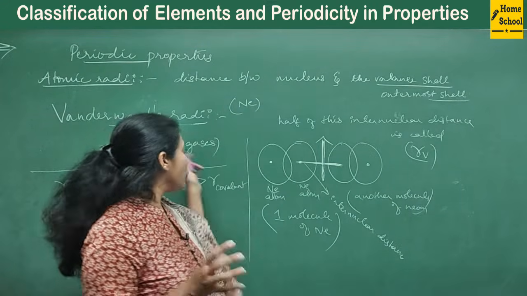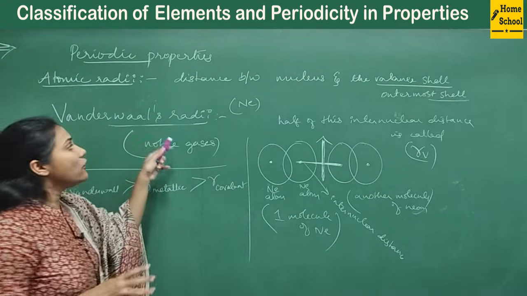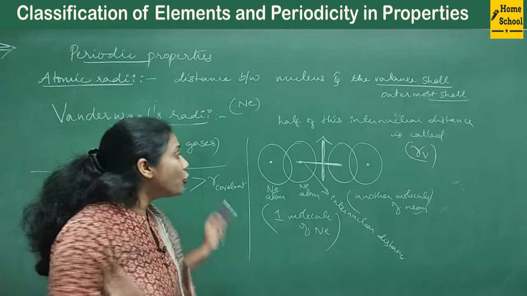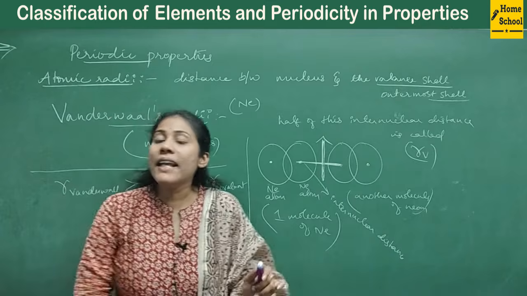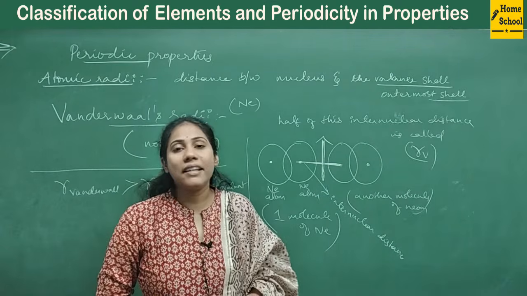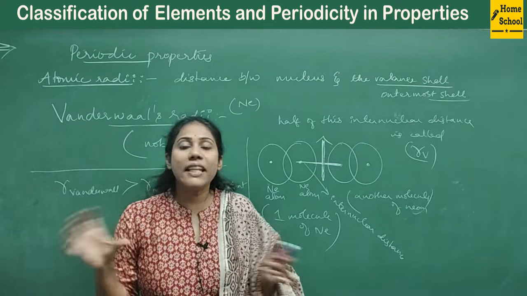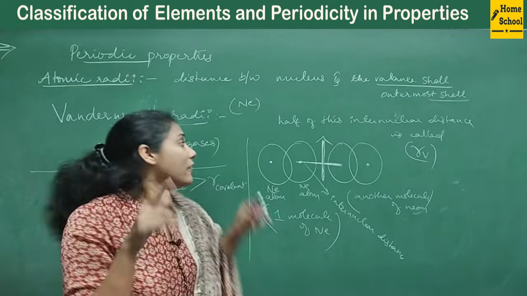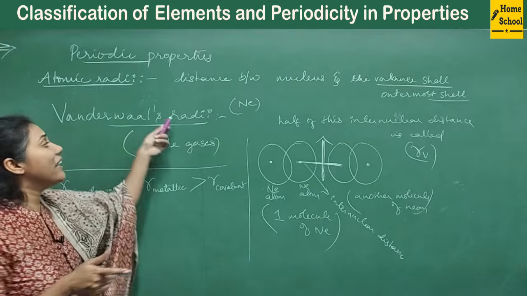So that's why for noble gases, we consider van der Waals radii as atomic radii or atomic size. We always say noble gases are very big in size. Why? Because as their atomic radii, we are actually considering van der Waals radii.